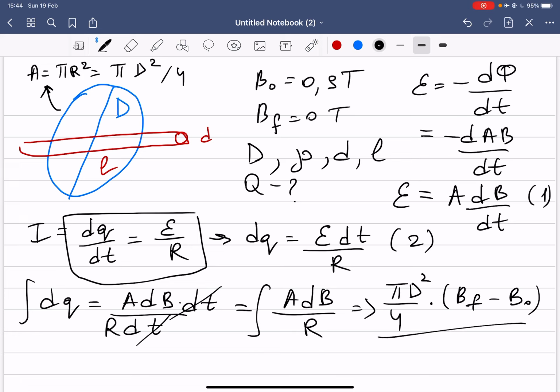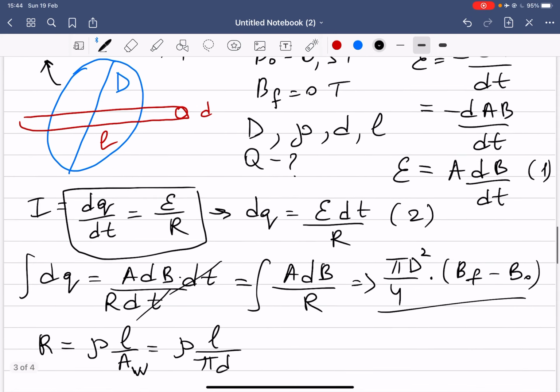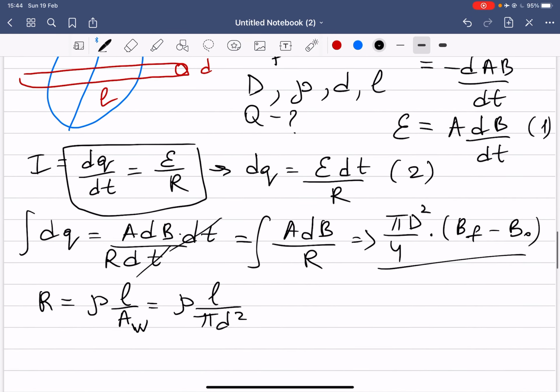Then after that we have the resistance, which will be equal to rho L over area. That area is the area of the wire, which is rho of the copper, L, over pi small d squared over 4, so that's why I said small d.